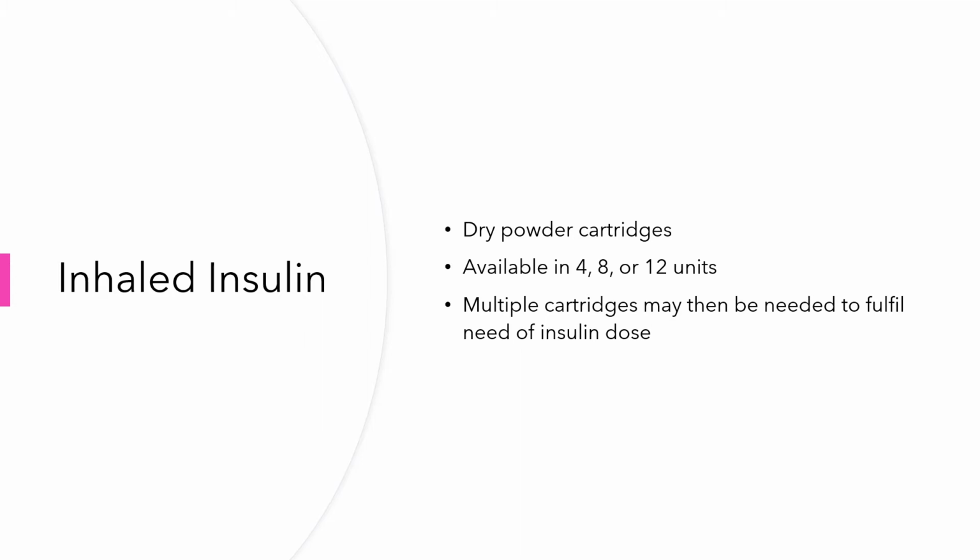So if they are ordered to have 20 units of inhaled insulin for whatever reason, say they have burns all over their skin so we can't administer it subcutaneous, IV would be too rapid, we want some long-acting inhaled insulin of 20 units. We can do this, but you may then need a 12-unit cartridge and an 8-unit cartridge. So make sure that you're still getting your full dose.